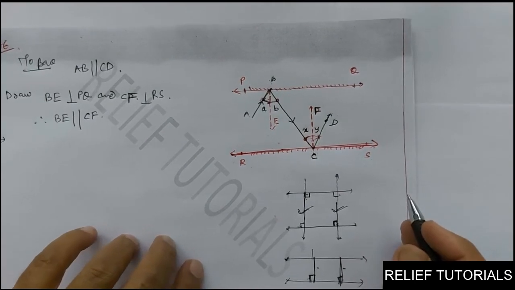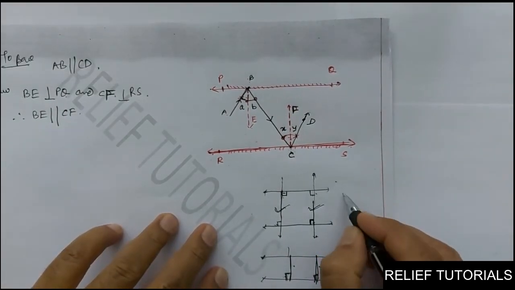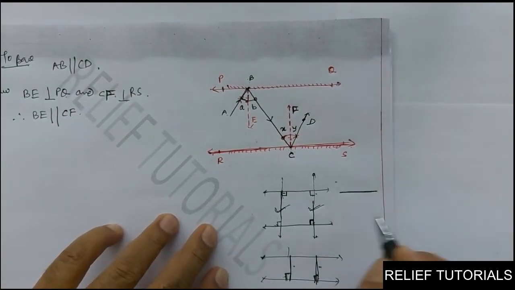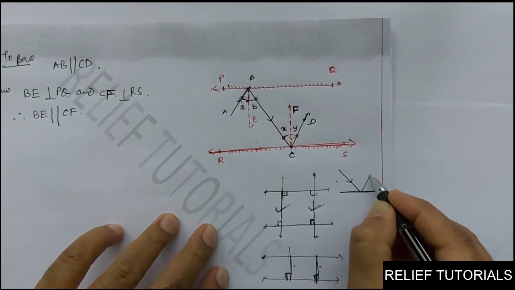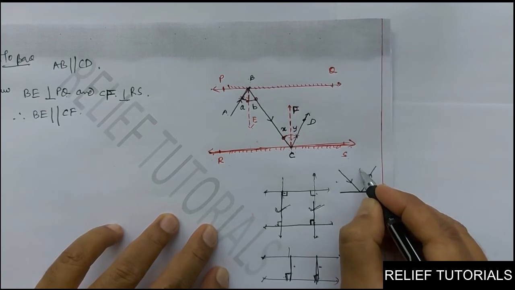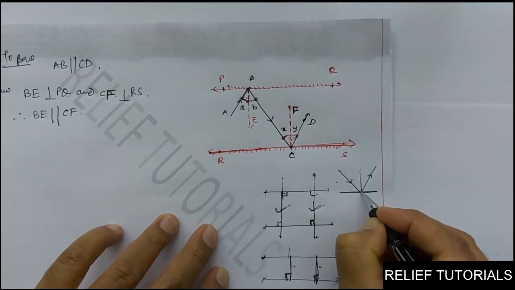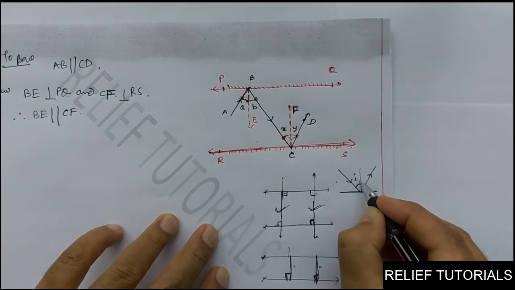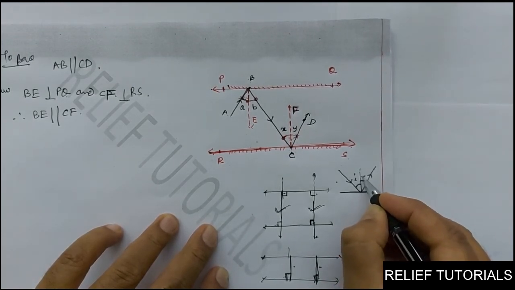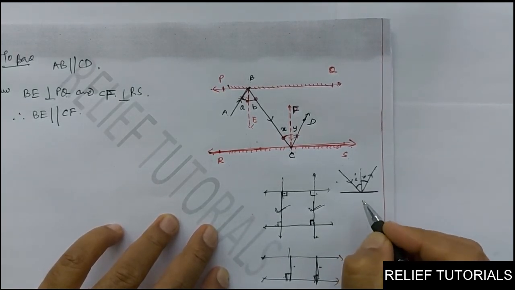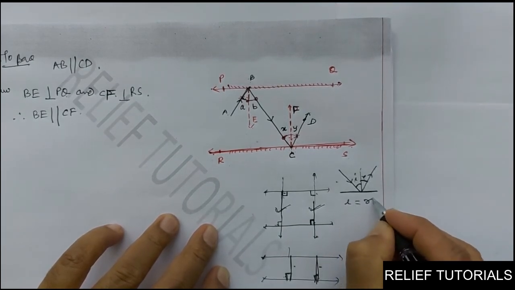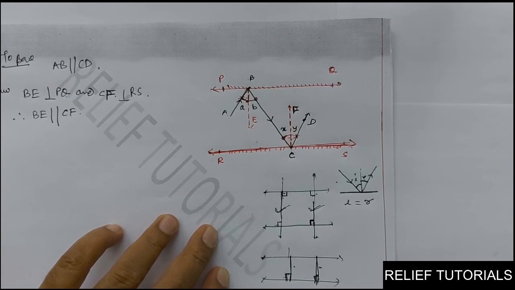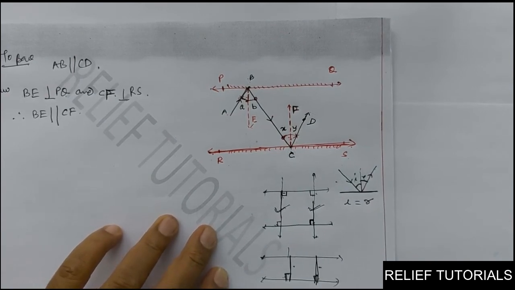You might have learned, if this is a surface, this is incident light, and this is reflected light, and you draw a perpendicular here, then this is called angle of incidence I, and this is called angle of reflection R. And according to the law of reflection, angle of incidence is always equal to angle of reflection. This is the concept of physics.